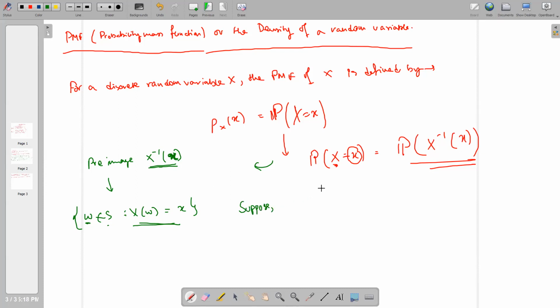Suppose X is a discrete random variable taking on values like this, like a countable sequence, then the PMF would be defined something like this, right?